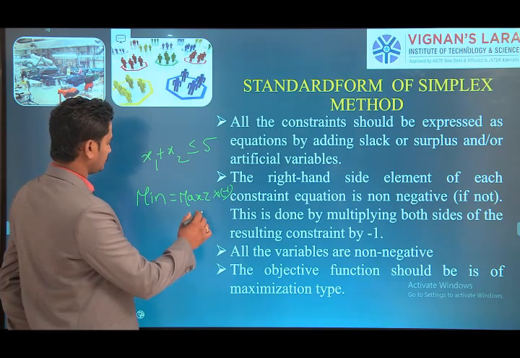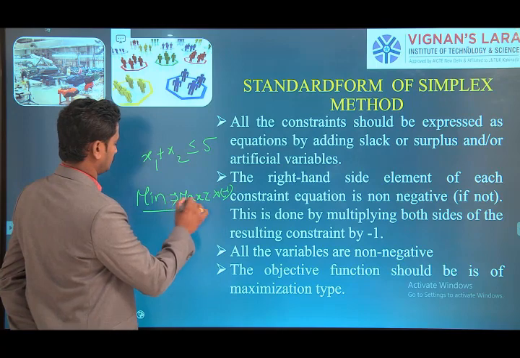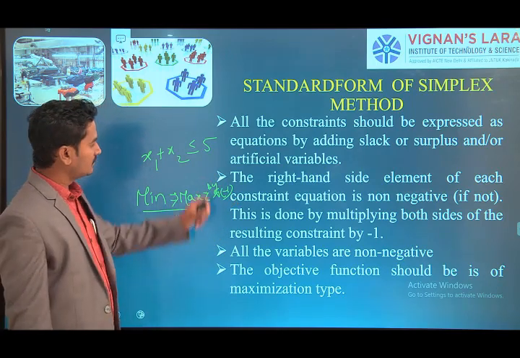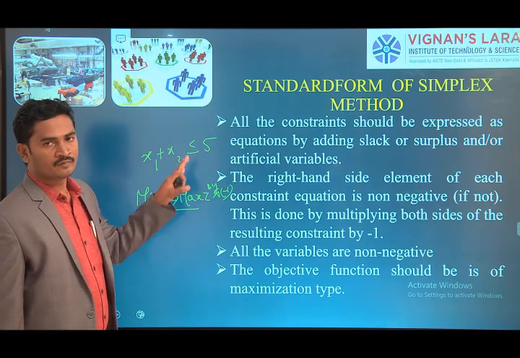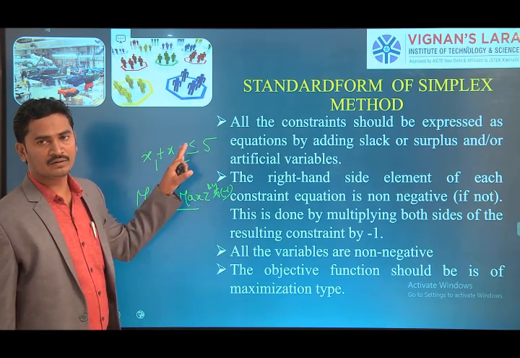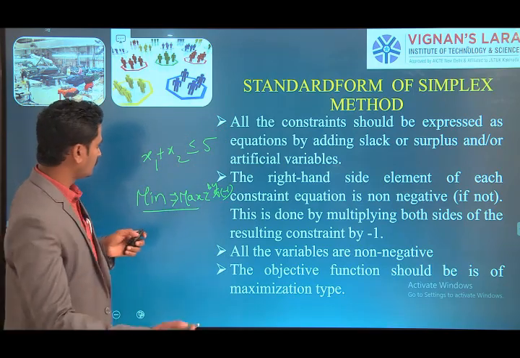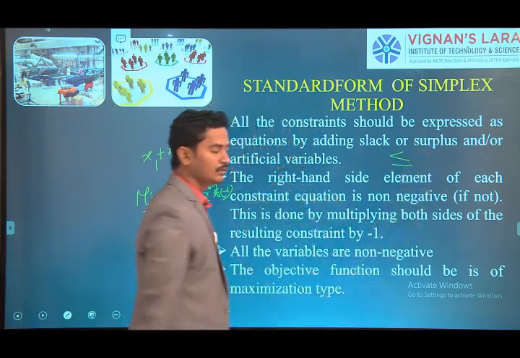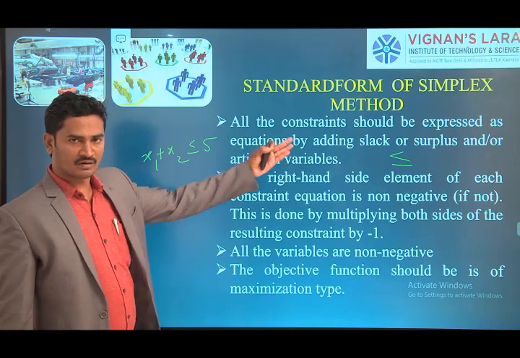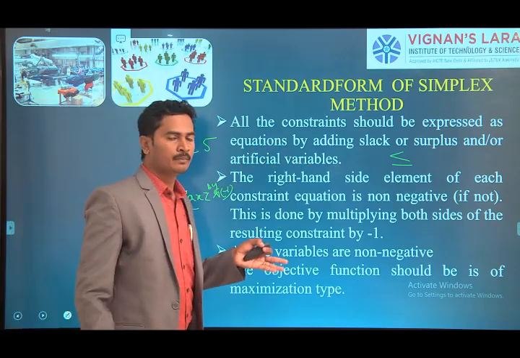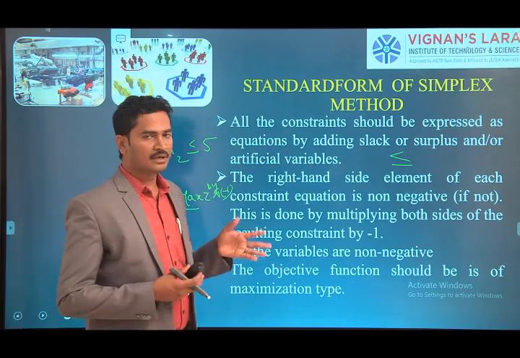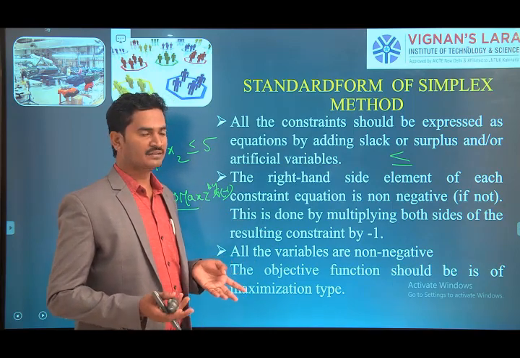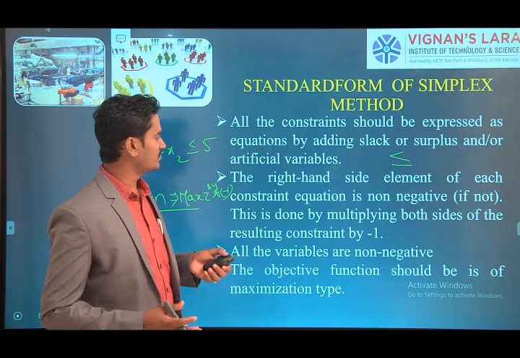This is the standard rule for applying the simplex method to an LPP. Rule number 1: all constraints are of less than or equal to type. If not, we convert them by multiplying by -1 or by adding slack, surplus, or artificial variables.